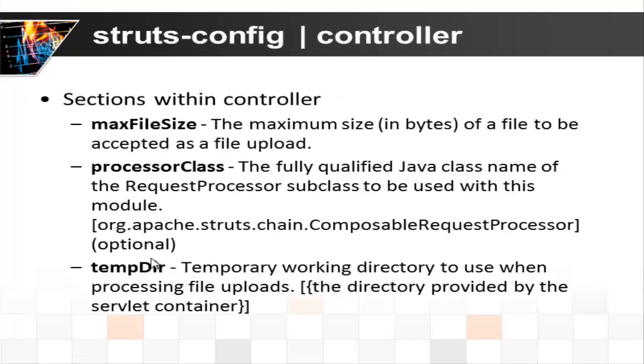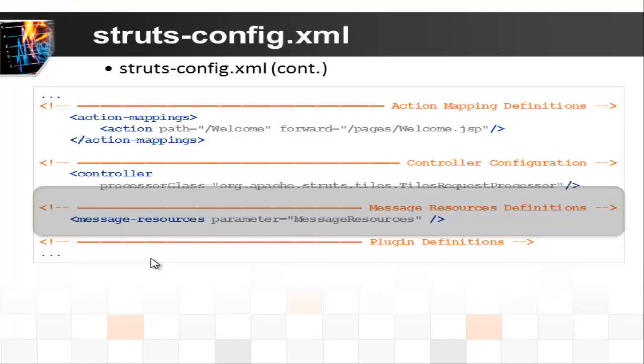You can configure it. What is the maximum size of the file that can be uploaded? Who is supposed to handle the processing, or which temporary directory should be used? By now you will get it. You are trying to configure the servlet itself, what it can do in general. Again, there are many other things which are there.